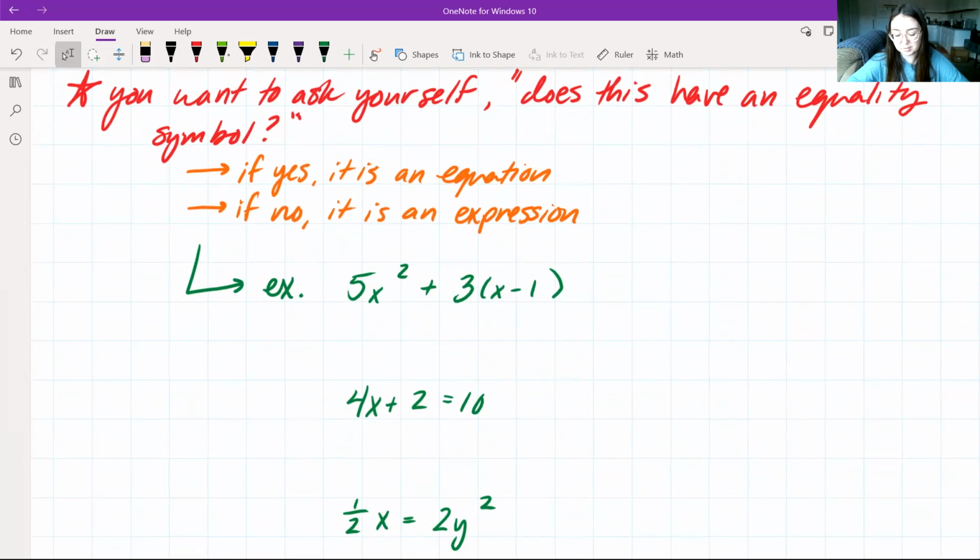So our first example here, we have 5x squared plus 3 times x minus 1. Our question to ask ourselves, does this have an equality symbol? And in our first example here, no, it doesn't have an equality symbol. So therefore, it must be an expression.